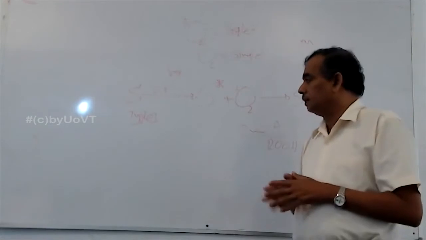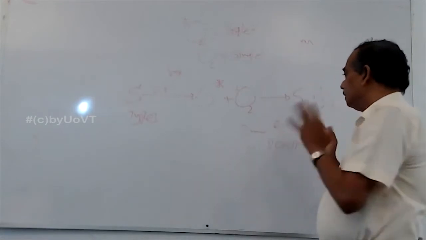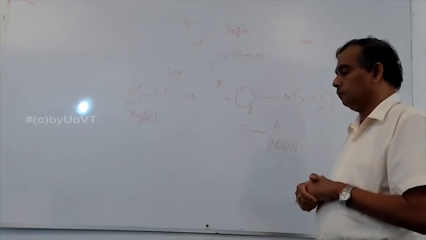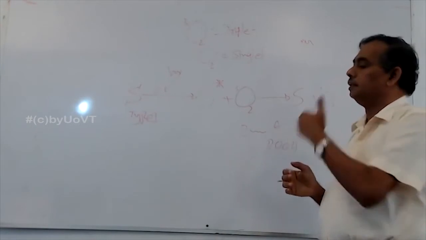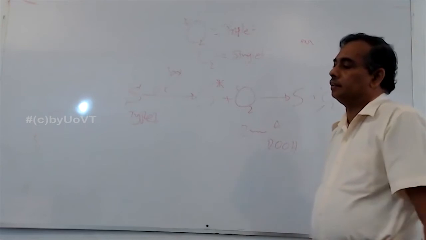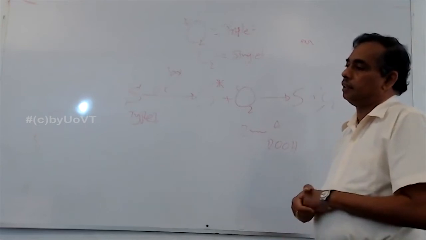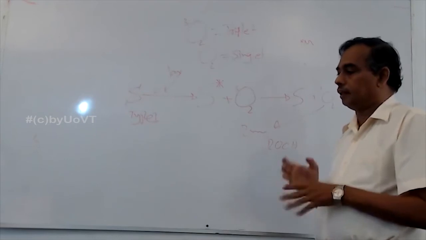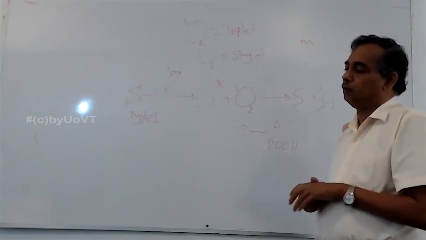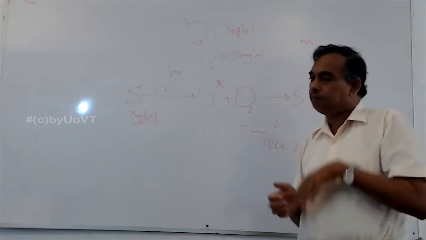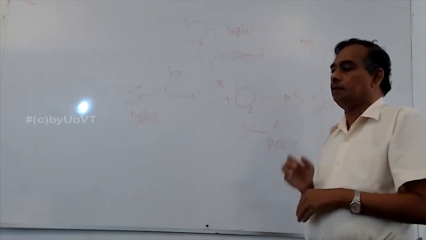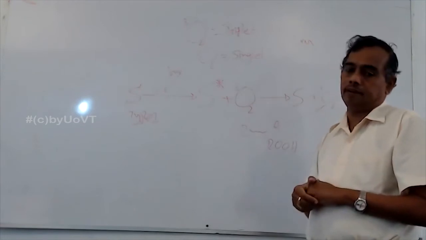Once the singlet state oxygen forms, it can easily join with the fatty acid and attack the fatty acid and form peroxide. Again, formation of peroxide is there.